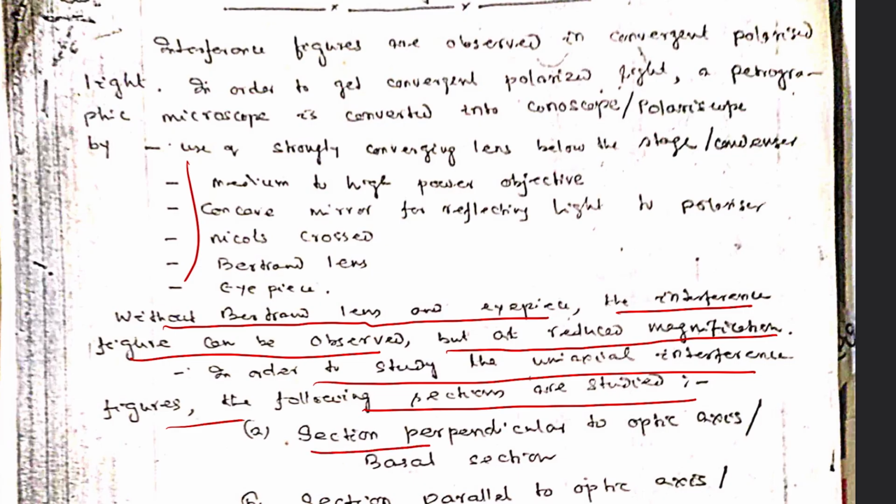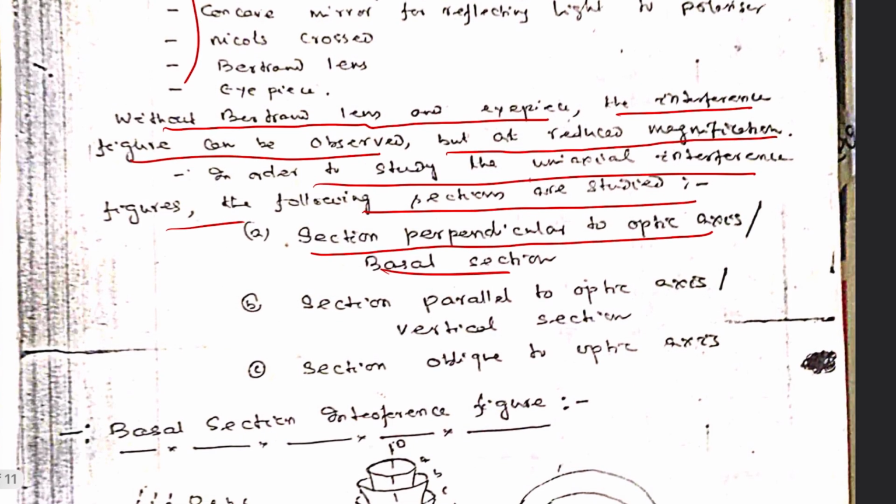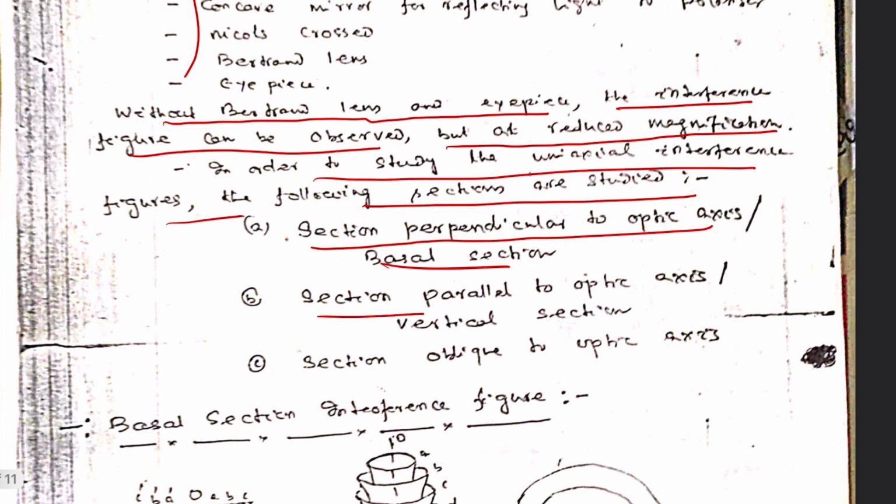One is the basal section, the section perpendicular to the optic axis. Another is the section cut parallel to the optic axis, or vertical section. Third is any other section. These three types of sections can be studied, and they give rise to different types of figures.